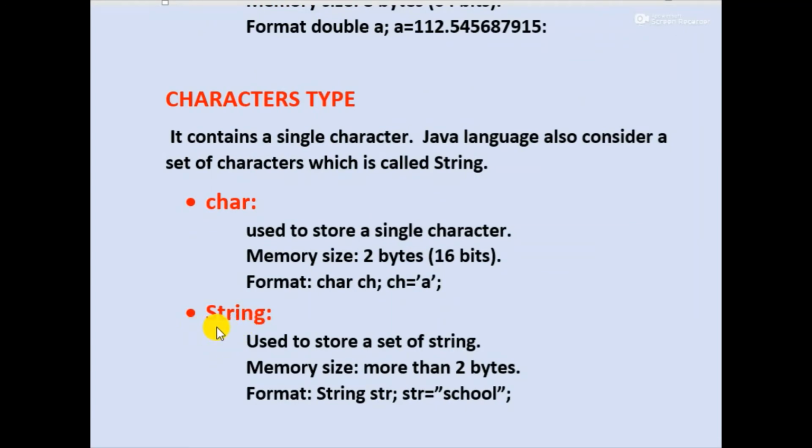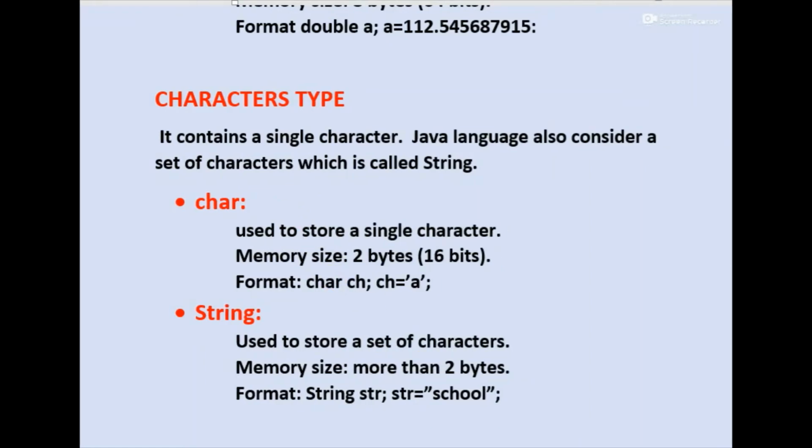Always, each and every class in a Java program starts with a capital letter. So here String is not a data type. String is a class which is used to store a set of characters.